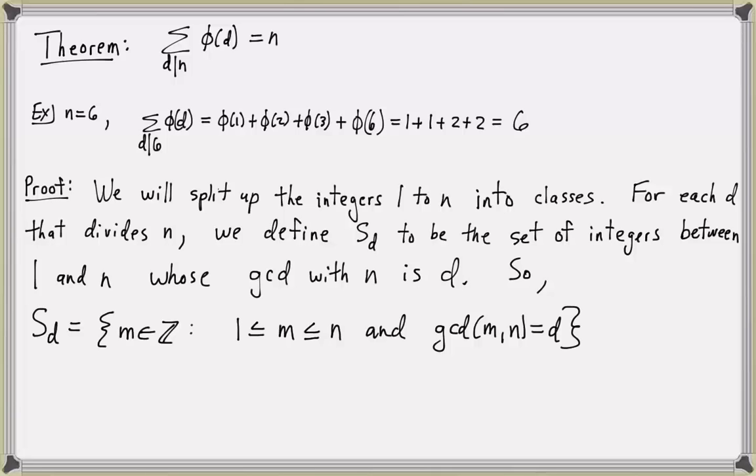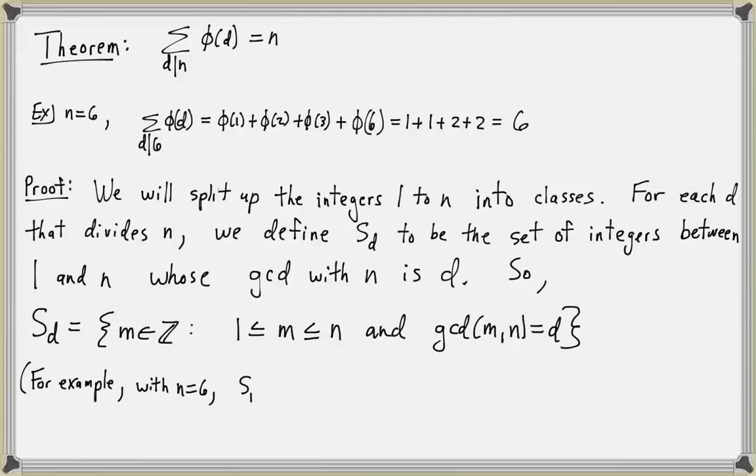For example, with n equals 6, we would have 4 of these subsets.